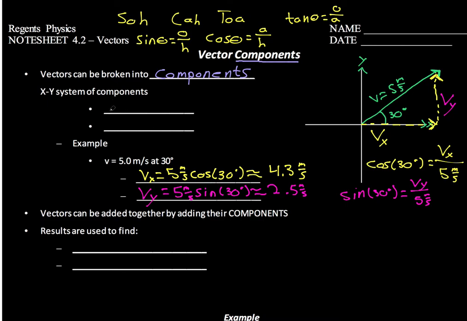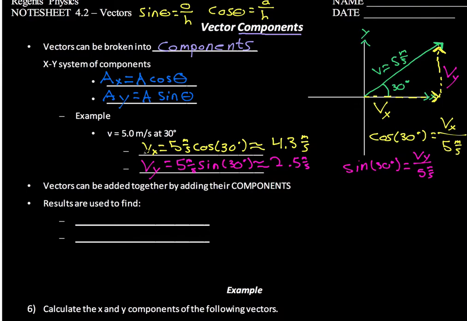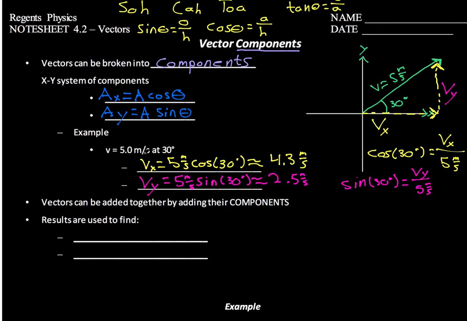So let's say a vector A: the x component of some vector A is the magnitude of our vector A times the cosine of the angle of our vector A. And for y, the y component, it will be the magnitude of our vector A times the sine of the angle of our vector A. And we can apply that to a whole bunch of examples that we're going to do in just a second, but we can apply that to any vector. This is the general case.